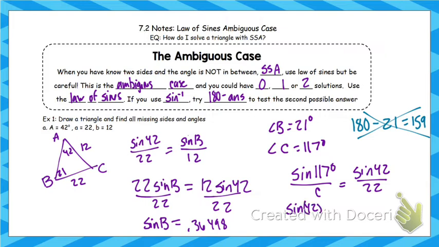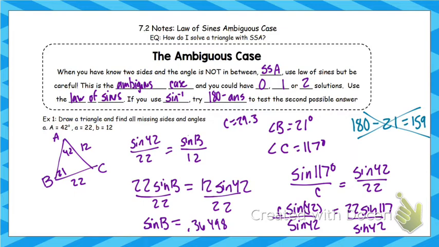So sine 42 times C equals 22 times sine 117, divide by sine 42. Plug all that in your calculator, 22 times sine 117 divided by sine 42, and I get 29.3 for side C.